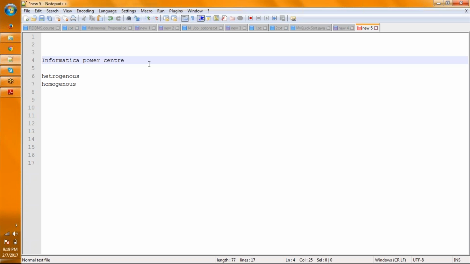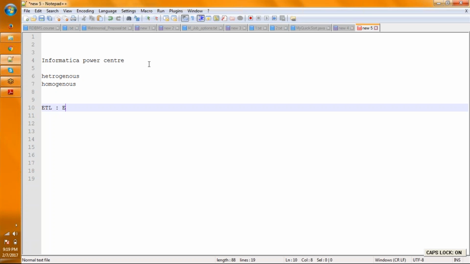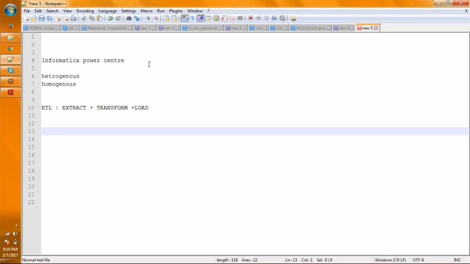So write it down. The definition of ETL is extract, transform, and load. So let's talk about extraction. Extraction involves understanding, analyzing, and cleaning of source data. Can you write it down?